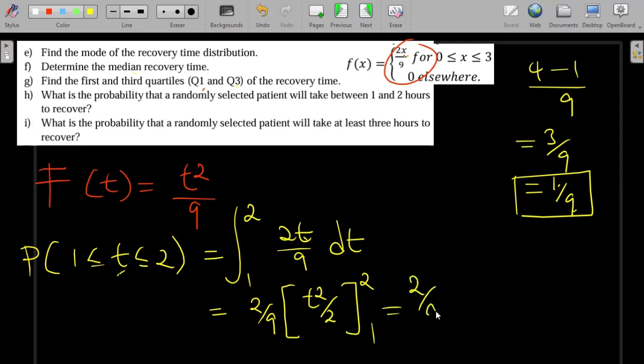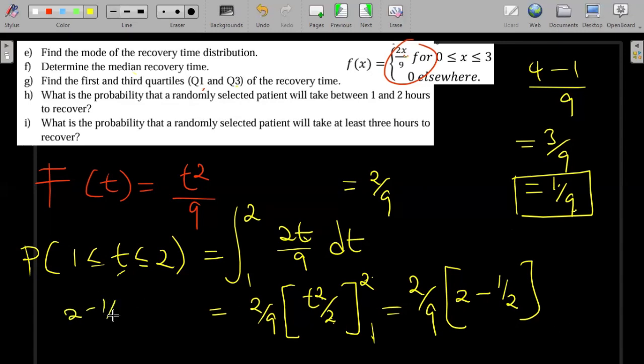So this will be 2 over 9, and then t is 2 now. So 2 squared is 4, divided by 2 is 2, minus 1 squared over 2, which is just half. So this is what I have: 2 over 9, and on the other side, what do I get? What is 2 minus half?